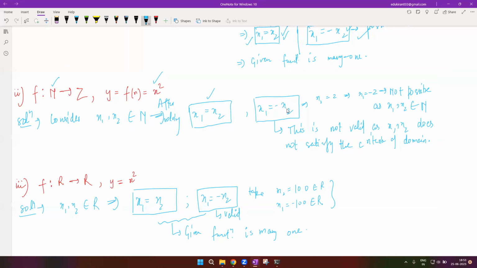As soon as you put x2 as 2, the value of x1 is -2. But can x1 be -2? No. This time x1 cannot take the value -2. Why? Because x1 and x2 both has to be from the set of domain. And what is the set of domain? Natural numbers. So x1 is equals to -2 is not possible.